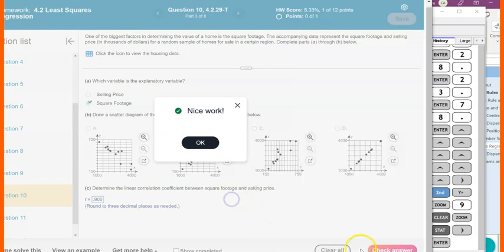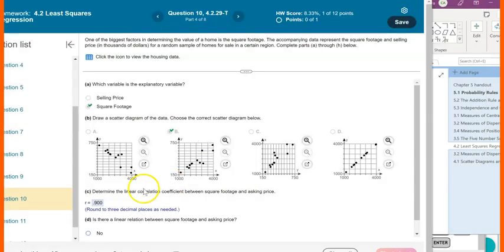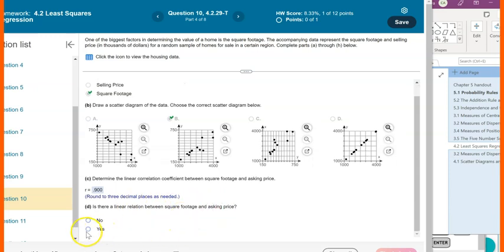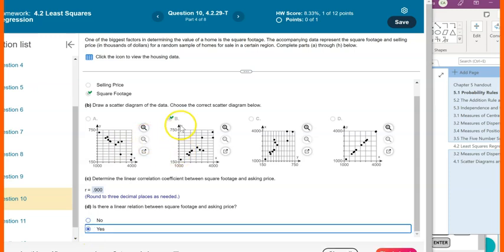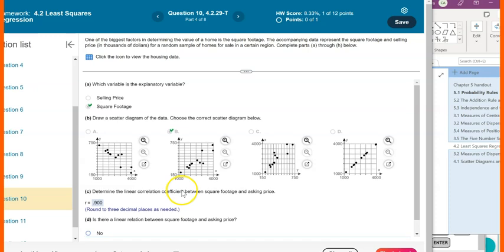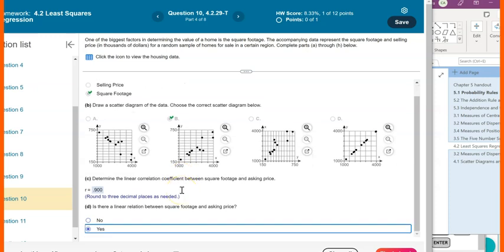Now you have the next question. It asks, is there a linear relationship between square footage and asking price? The answer is yes, because notice that this r value is 0.9, correct? That is obviously a very strong relationship between these two variables, but you can check by using the absolute value of r and the critical value.